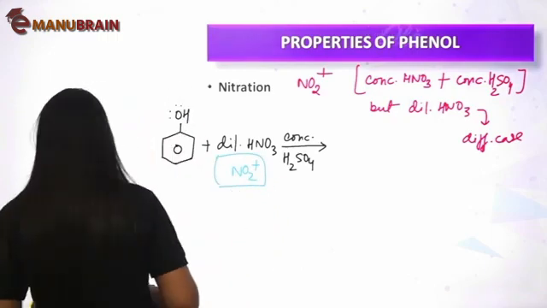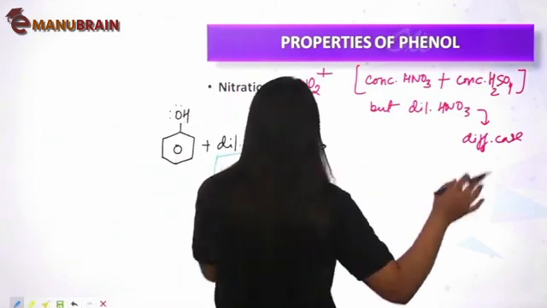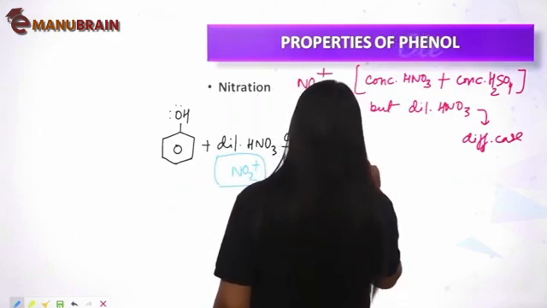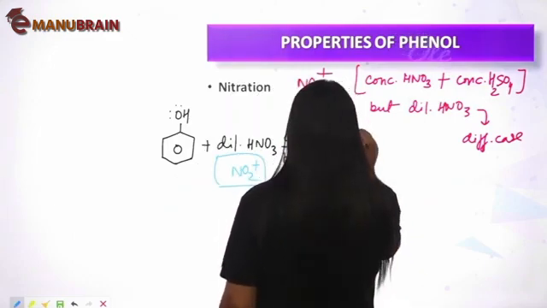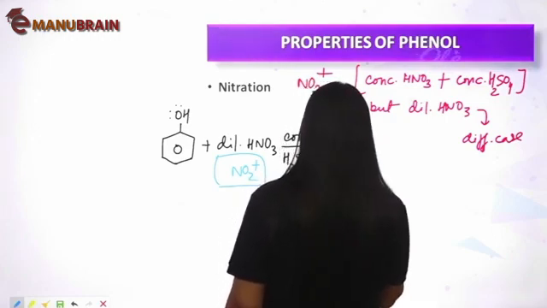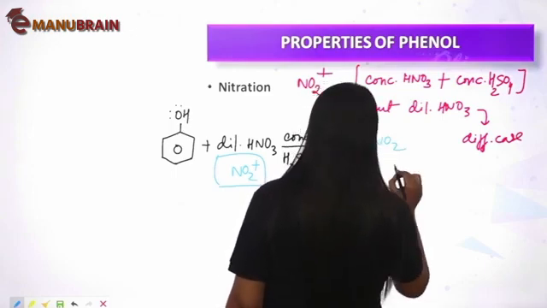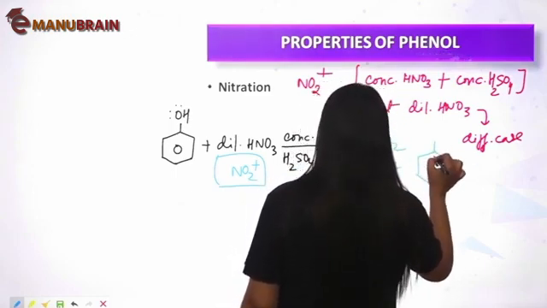And then it results in the formation of ortho and para products. Ortho and para products are formed in different concentrations when dilute HNO3 is used. So the ortho product is known as orthonitrophenol and the para product is known as paranitrophenol.